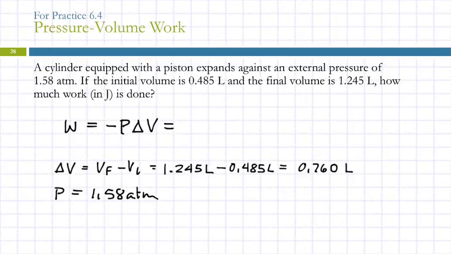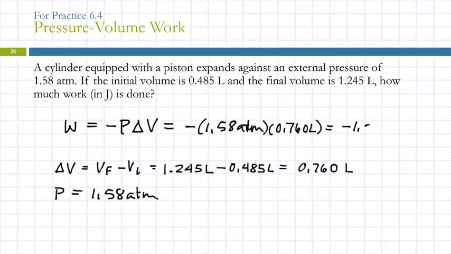So the work is negative 1.58 atmospheres times the change in volume. Negative 1.58 times 0.76, so negative 1.2008.